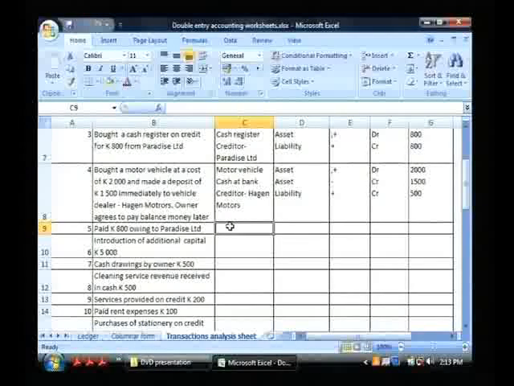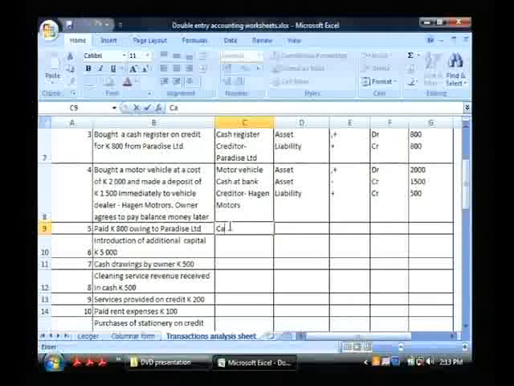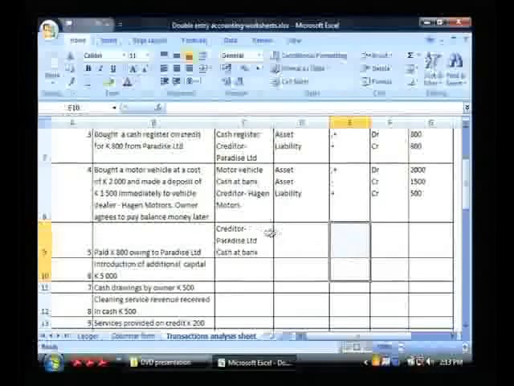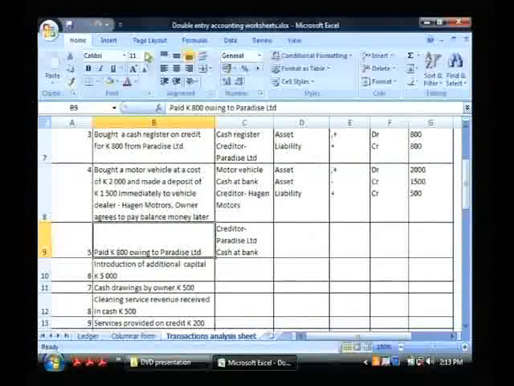So then the accounts involved are first creditor, Paradise Limited, and then cash at bank. These are the two accounts involved to record this transaction.